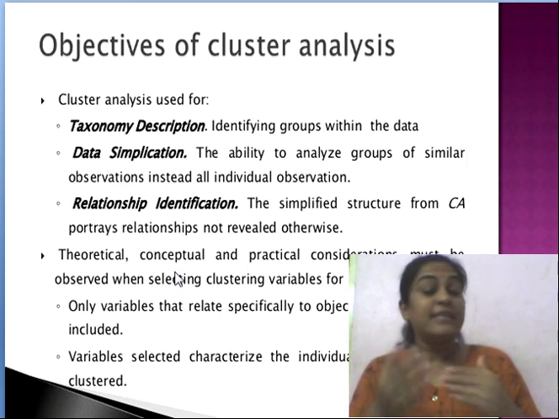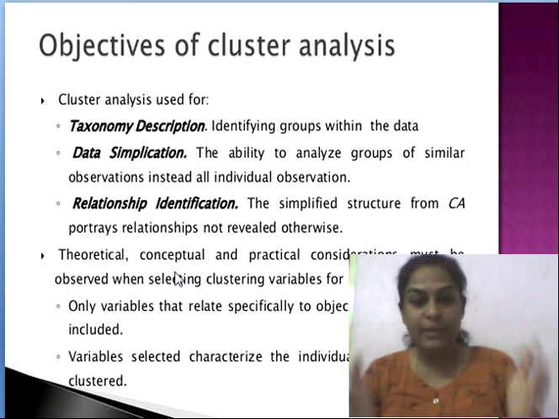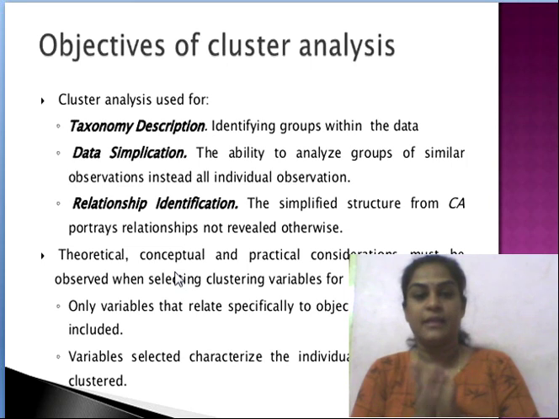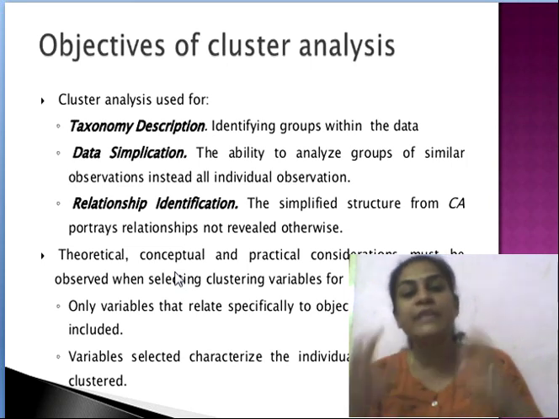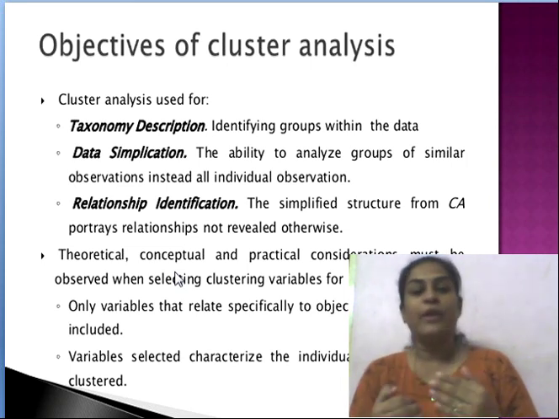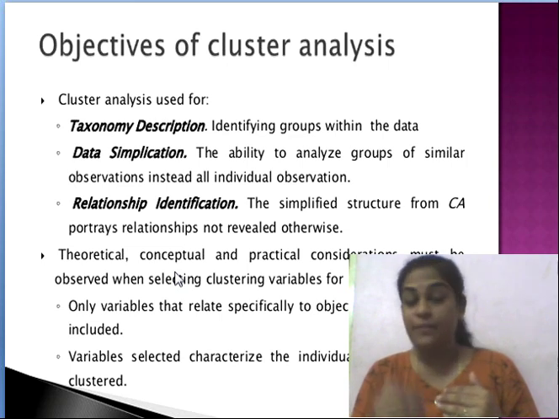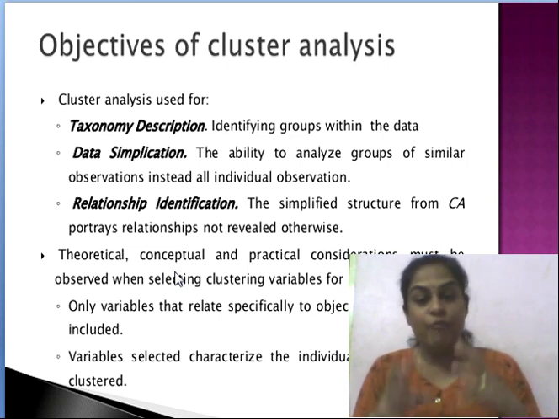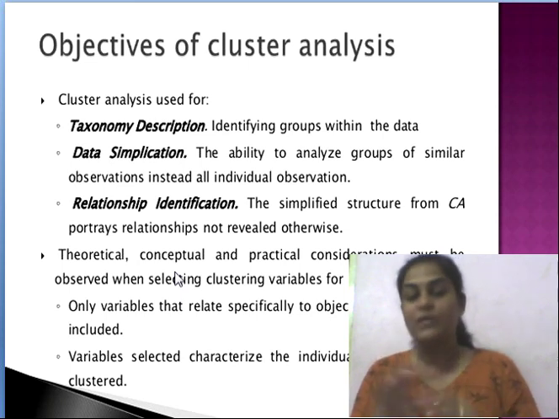Data simplification is the ability to analyze groups of similar observations instead of all individual observations. The next point is relationship identification. Here, the simplified structure from cluster analysis portrays relationships not revealed otherwise.